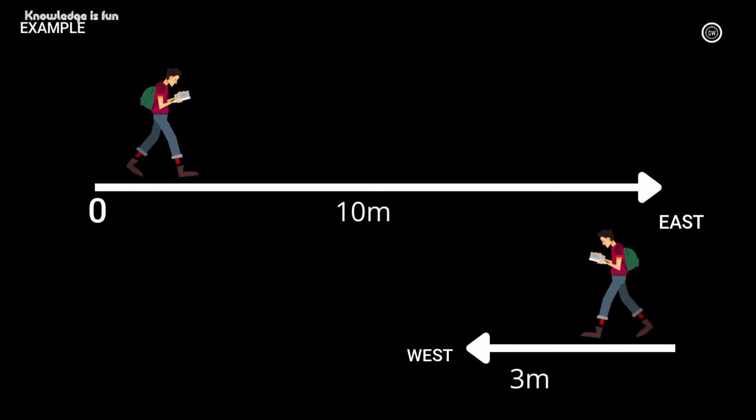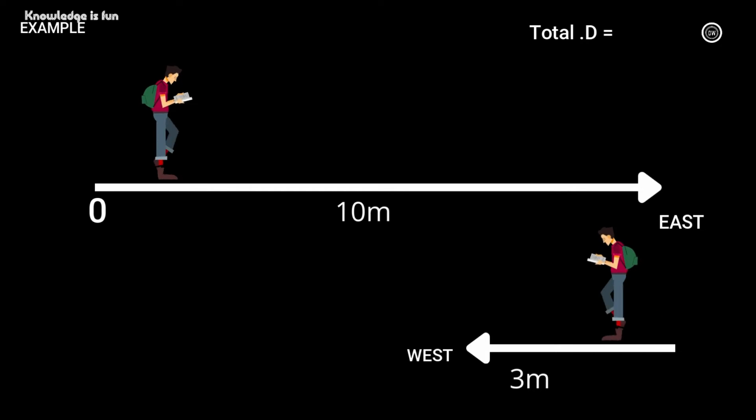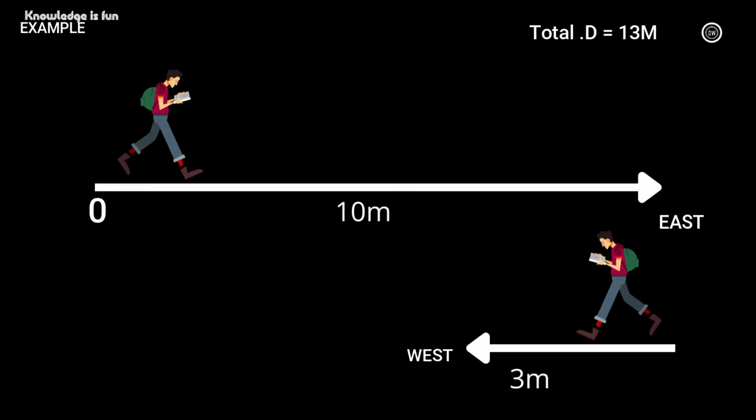Now the total distance of the boy is 13 meters, okay? So that is the total distance of the boy, because the boy moves 10 meters to his school and then returns 3 meters, okay? The boy returns back, that is, the boy moves in the opposite direction, 3 meters west, okay? So the total distance is 13 meters.